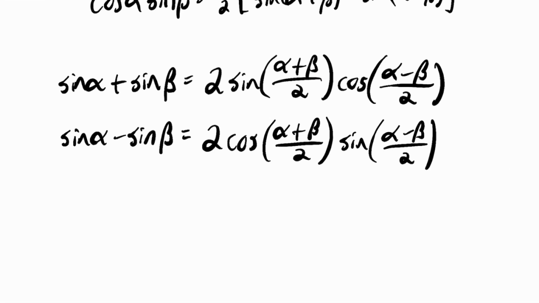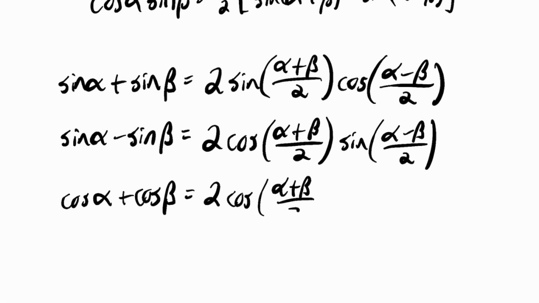And then cosine alpha plus cosine beta. That's going to be 2 cosine alpha plus beta over 2 times cosine alpha minus beta over 2.